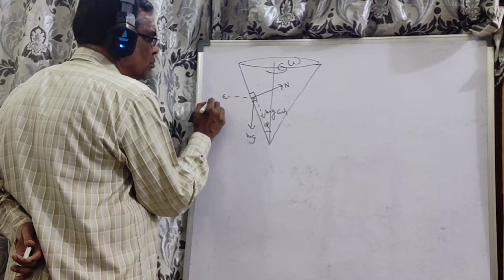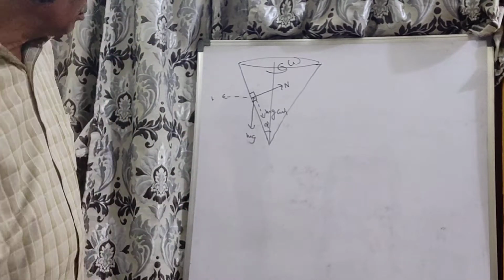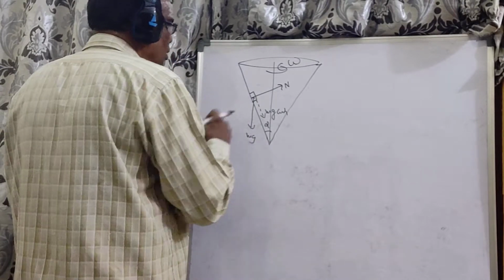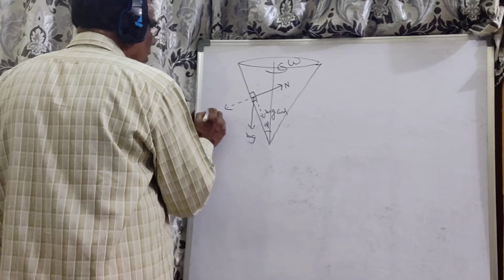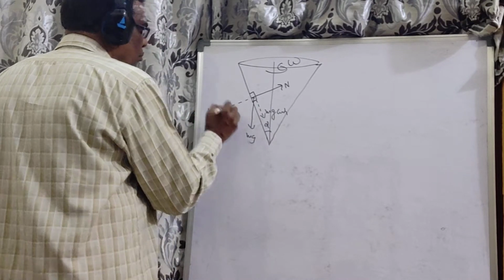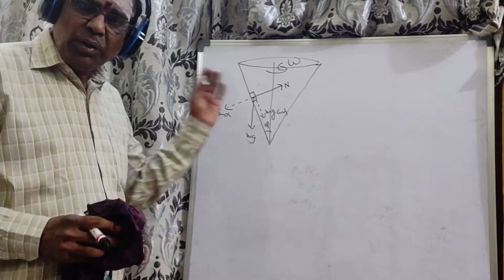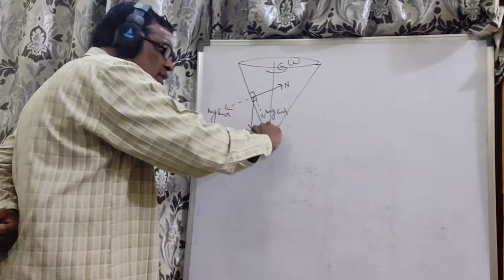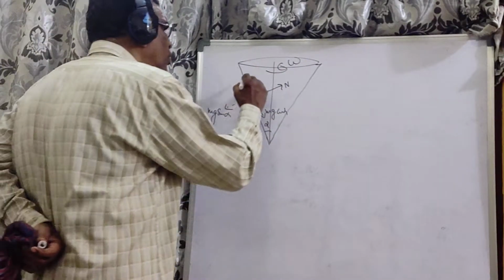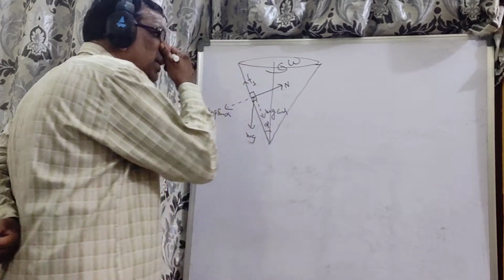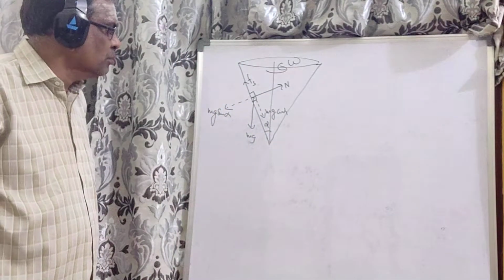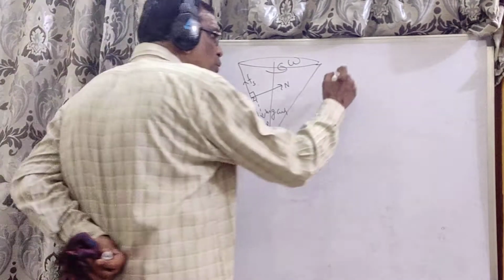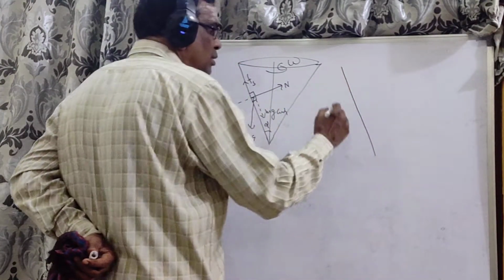This is mg cos alpha, and this is mg sin alpha. What about the frictional force? If it moves slowly, the tendency is to slide down, therefore static frictional force is up the incline. Okay?